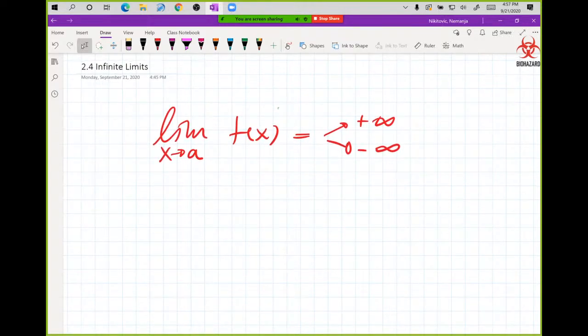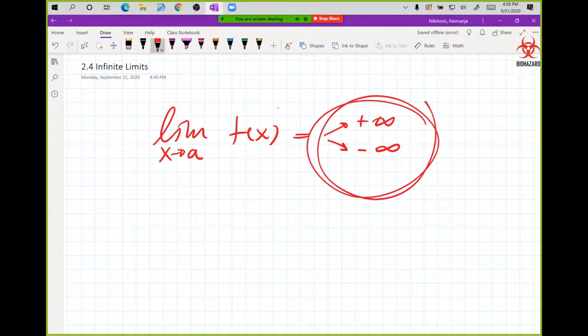If you think about the structure of the language used in the title, infinite limit means that the limit is infinity. The answer is infinity. Next lecture will be limits at infinity, which is different wording, and obviously it's going to be a different concept. So infinite limits is referring to this idea that your answer is infinity.